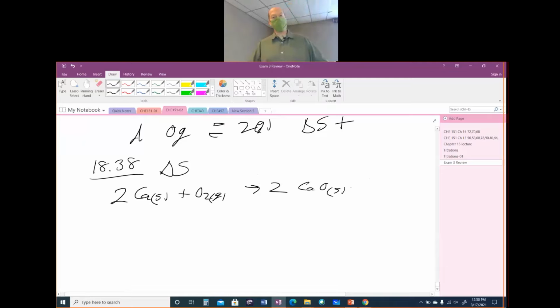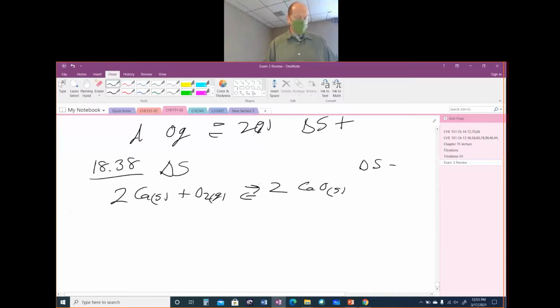One thing we can do is predict the sign for this one, gas going to no gases. So we know the delta S is negative. If you don't get a negative delta S, you might want to check your math because this one has to be a negative delta S.